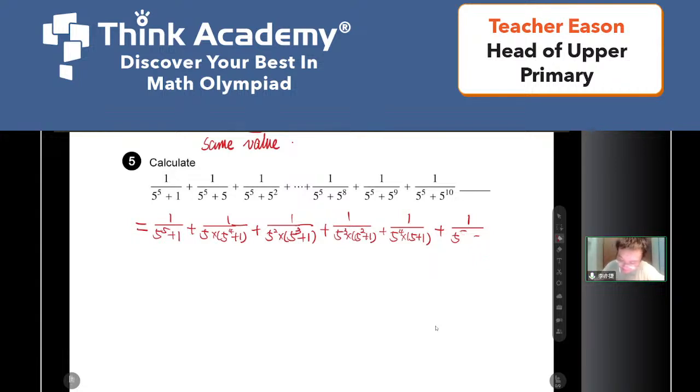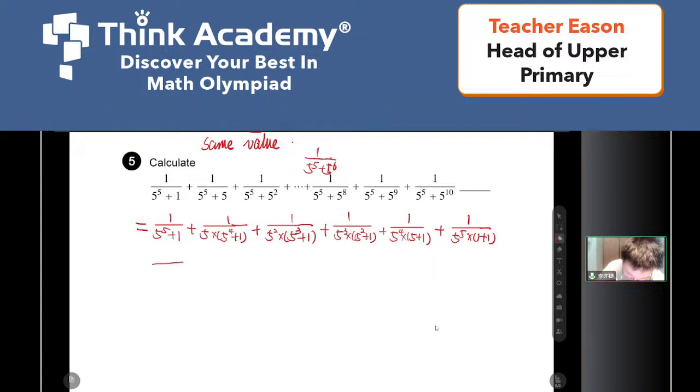So maybe we just write it like this. Now this is the first half. And the second half, starting from this, we can extract the 5 power 5 out.